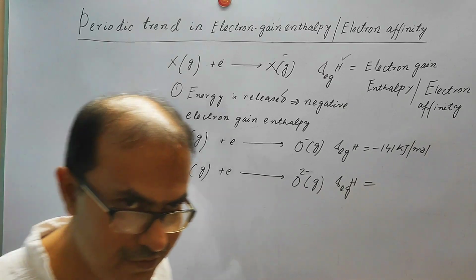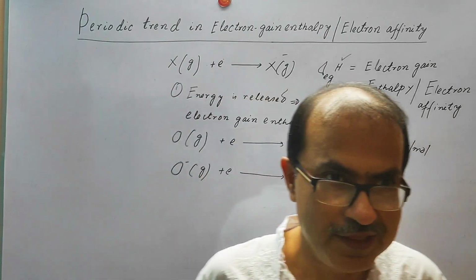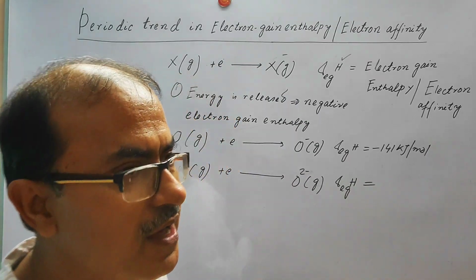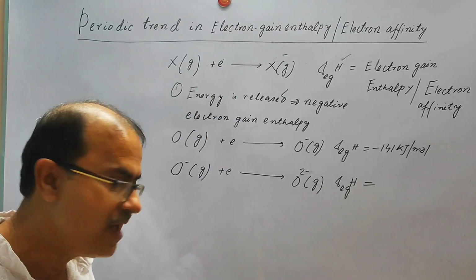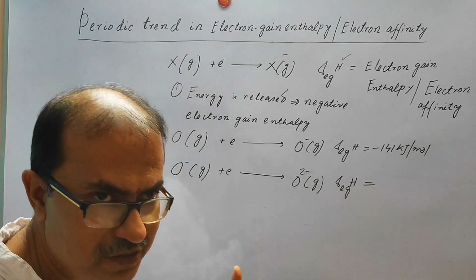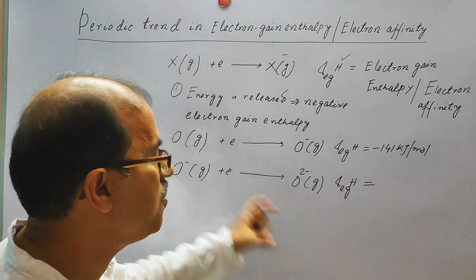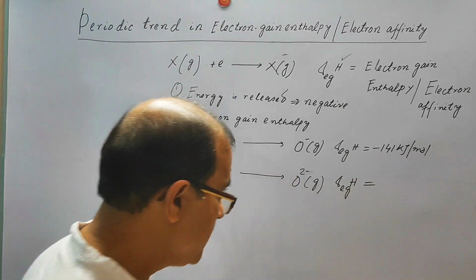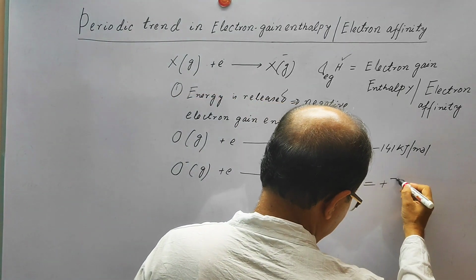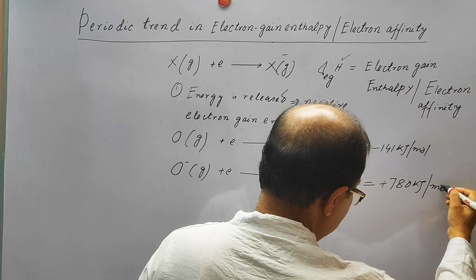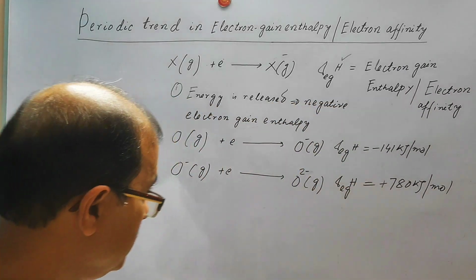When it does not want to accept that electron, what do you have to do? You have to give some energy, and with that given energy it will absorb this electron and become O2 minus, and in that case you will find the electron gain enthalpy will be positive.